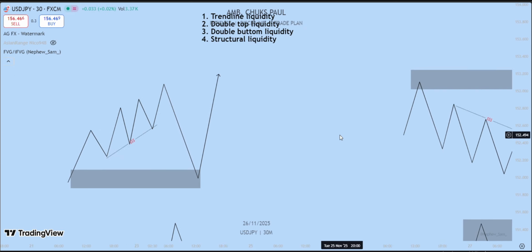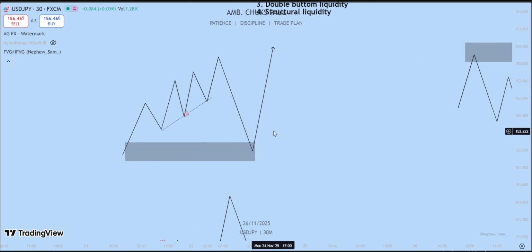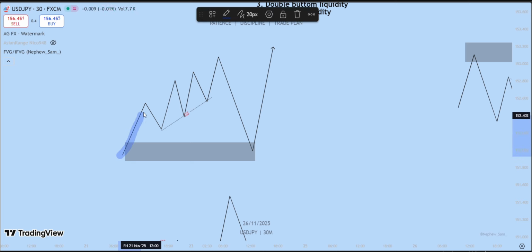So from here we have an uptrend market, and when we talk of trend line liquidity, this is what we basically mean. When market is in an uptrend, right, price is pushing to the upside, retraced.